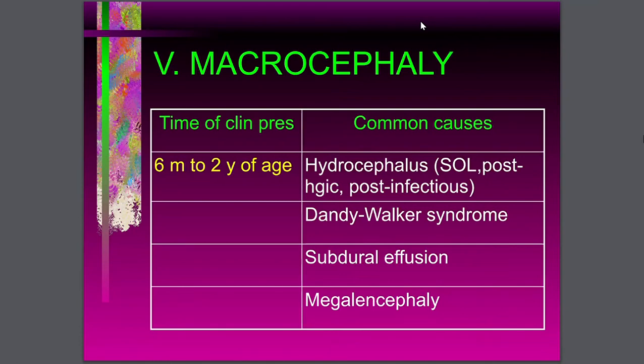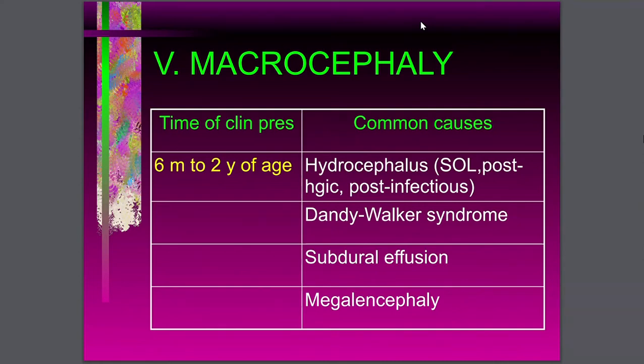So from 6 months to 2 years of age, the common causes of macrocephaly may be the following. Hydrocephalus again. Enlargement of the ventricles of the brain may be due to a space-occupying lesion or tumors. It may be post-infectious or post-hemorrhagic. Another cause of macrocephaly may be Dandy-Walker syndrome.